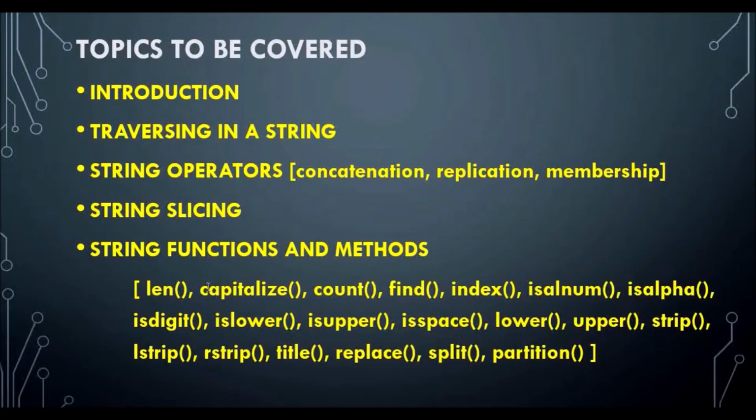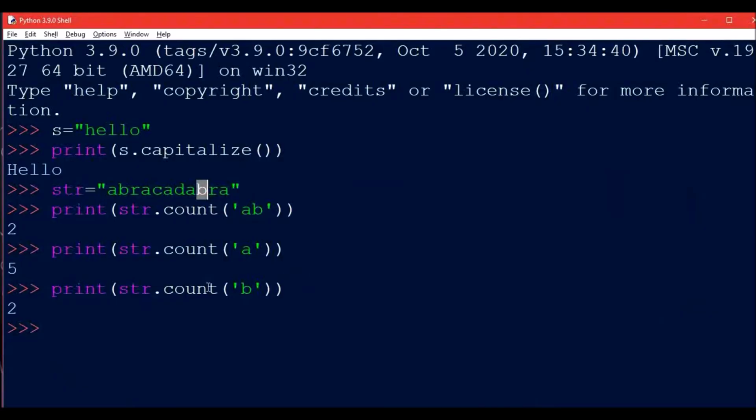The next function in the list is find. Find basically returns the lowest index in the string where the substring is found within the slice range of start and end, and it returns -1 if the string is not found. Let us see this practically.